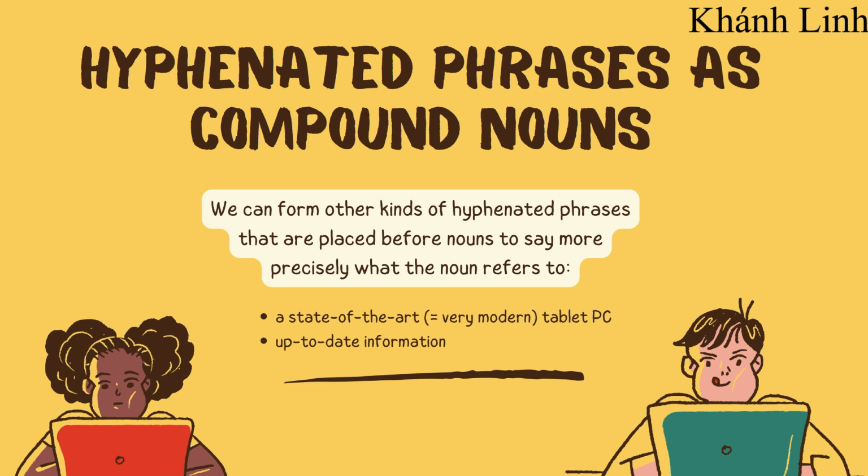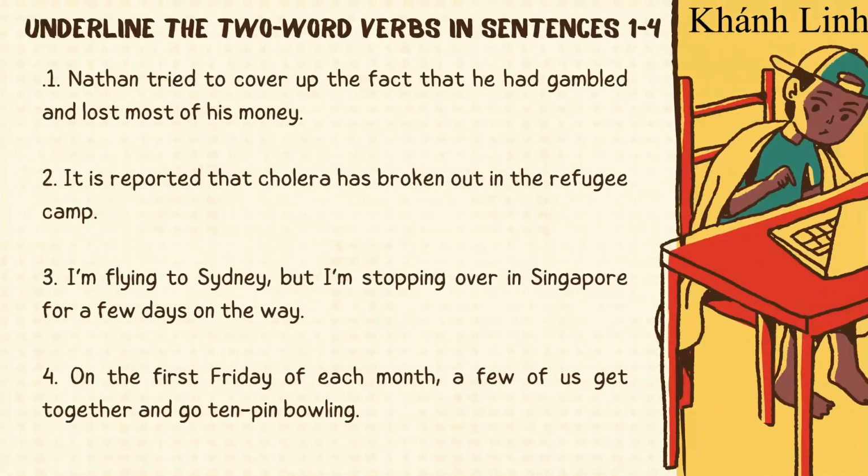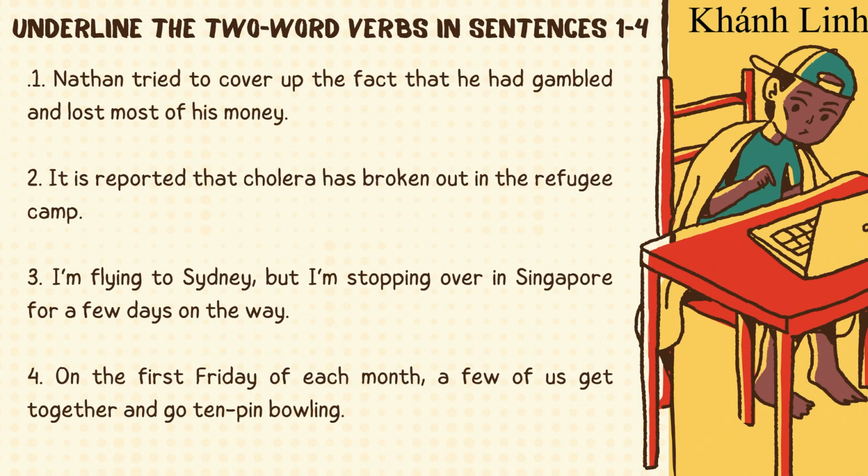And we have another example: up-to-date information. We have some examples for you guys. You can read some sentences and then do it, and then I will show you the answers to these sentences.